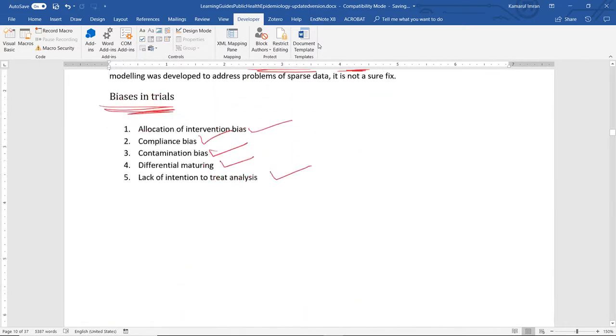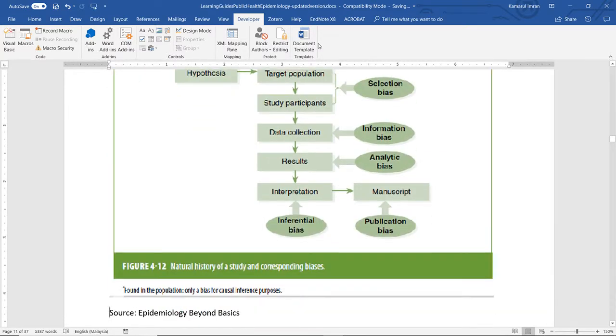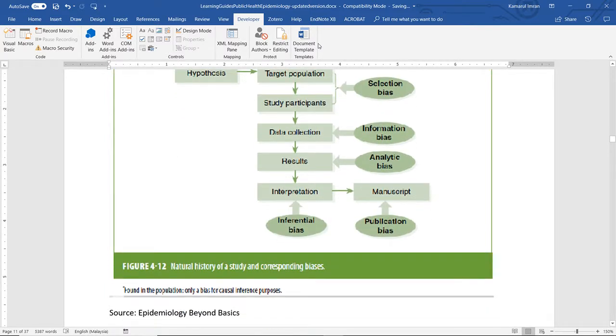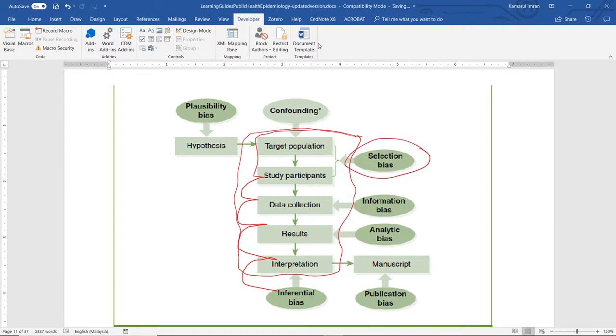So, for example, in Figure 4.12, the natural history of a study and corresponding bias, from target population to study participants, to data collection, to results, to interpretation, all these different stages have different biases. So you have selection bias here that affects these two stages.